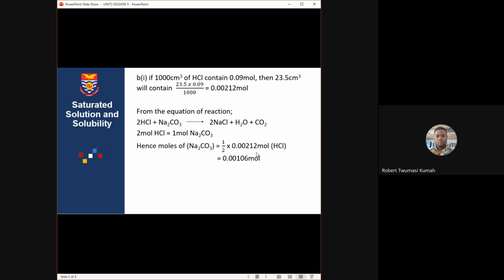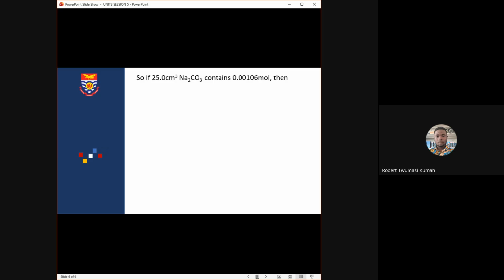This is the number of moles in the 25. So we have to convert this. We have to look at the number of moles in the whole of that 1,000. So if 25 contains 0.0016, then the 1,000 will contain 0.042 mole per dm cubed.